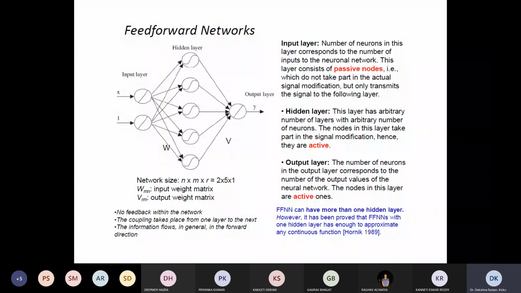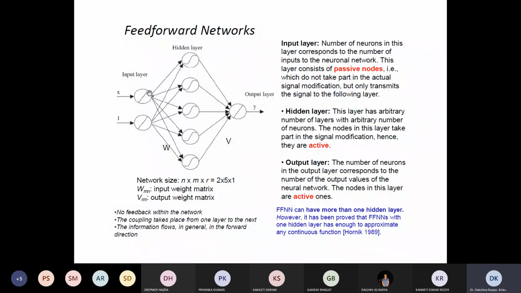And here WMN is the input weight matrix, and WRM is the output weight matrix. This output weight matrix will be combined with the output of the neurons of the hidden layer, and this WMN, the input weight matrix, its weights are combined with the inputs in the input layer.